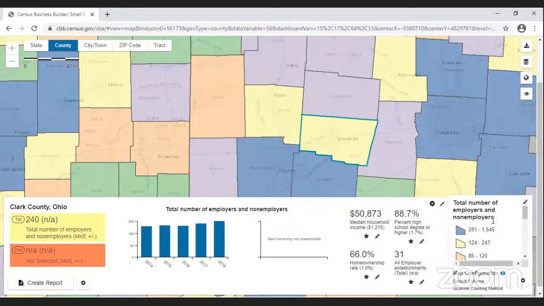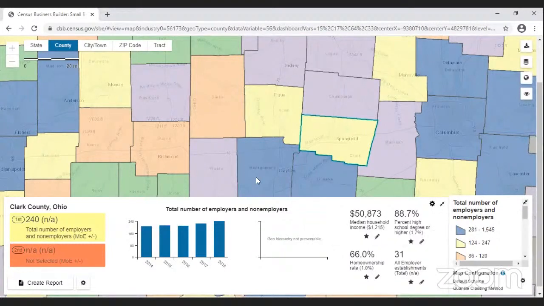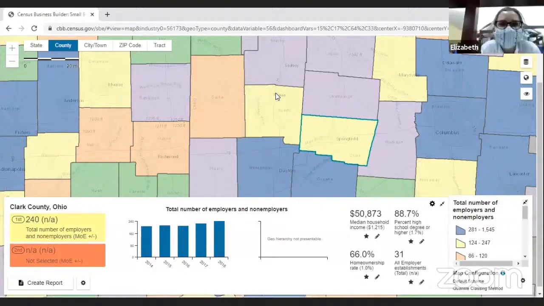And you can see here, they have a key. The blue areas are where they're the greatest. So Montgomery County and Greene County have a higher total number of landscaping businesses with employees and without employees. And you said you can just click on the county to change the data.